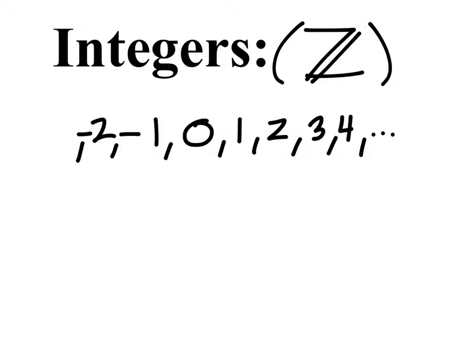Now notice on this list, we have 3 dots going to the left and to the right, meaning it goes as far as you want to take it. But it's also important to notice that there are no decimals shown yet.